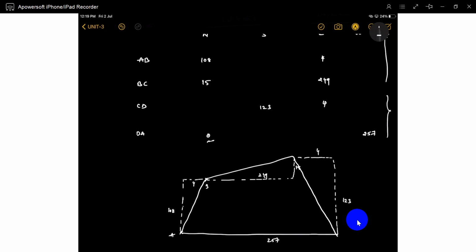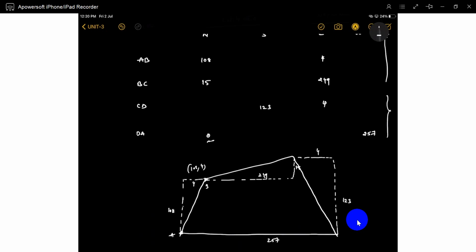So if someone gives this type of data, these are just coordinates. If A is taken as 0, 0, then B is 108 and east of 4.